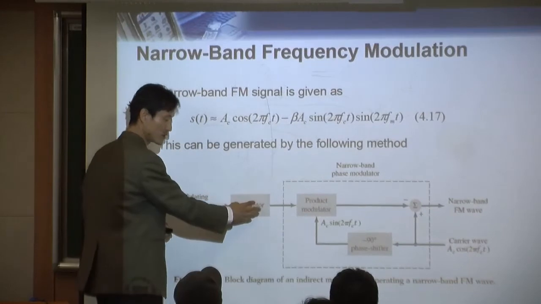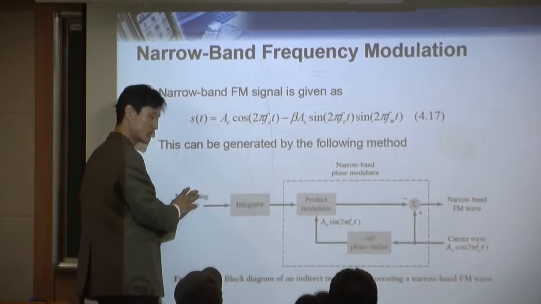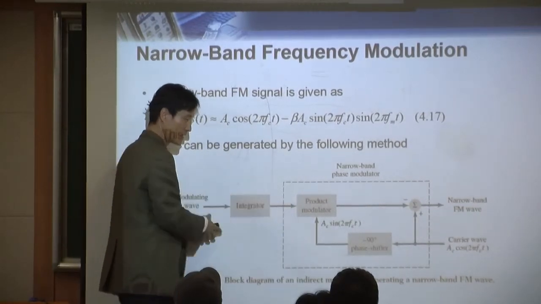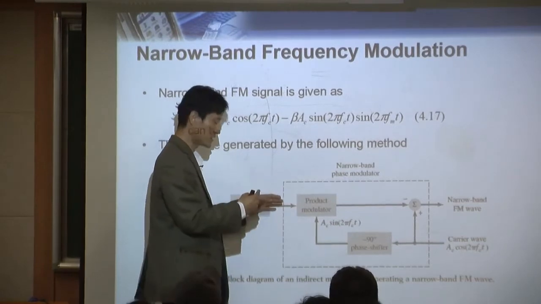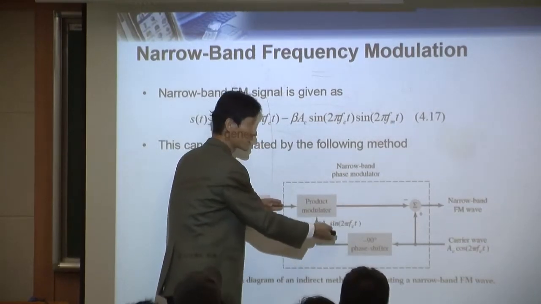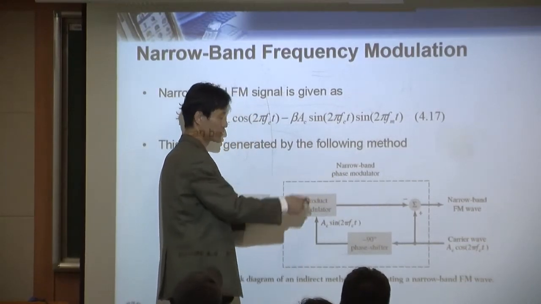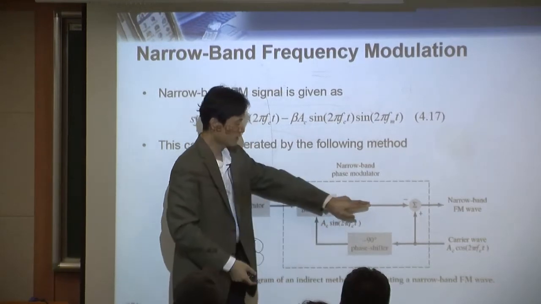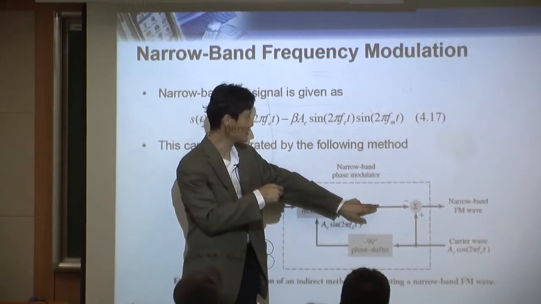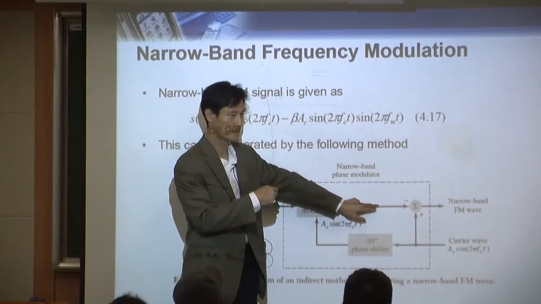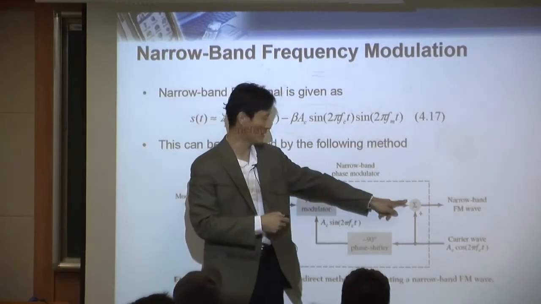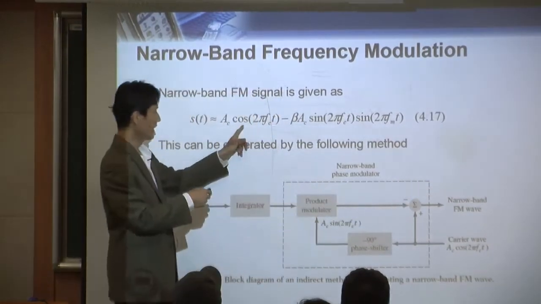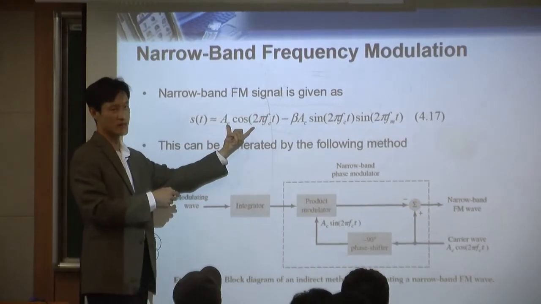Now you are doing integration. Your cosine message becomes a sine. Now that sine of your message is multiplied with the sine carrier, like this. So once you multiply that, right here, you're going to get this second term. And you put the minus, so you have minus. And also you are adding the cosine carrier.